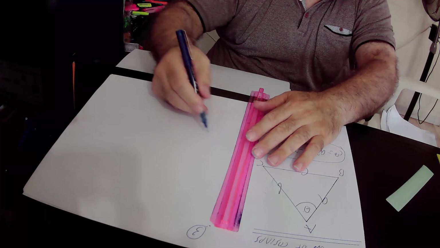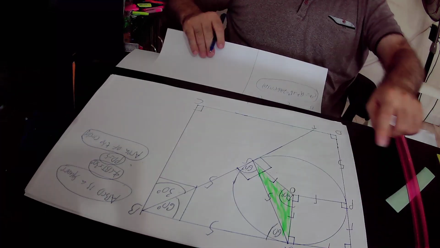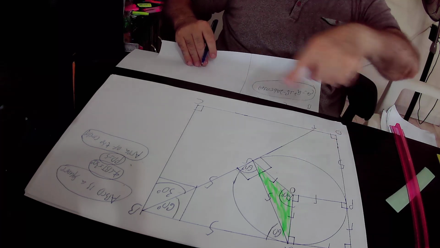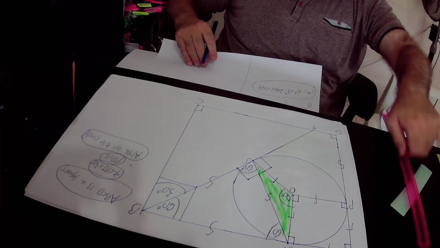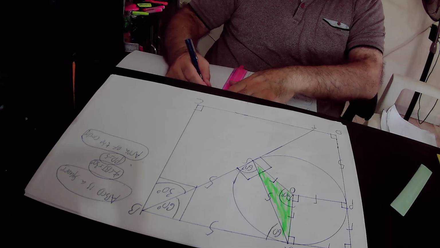Now we will implement the law of cosines in the green triangle QOS. So I will copy triangle QOS in this new page, and we will implement the law of cosines in this triangle.